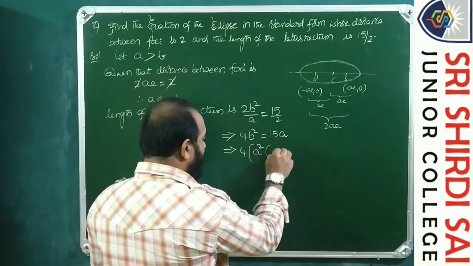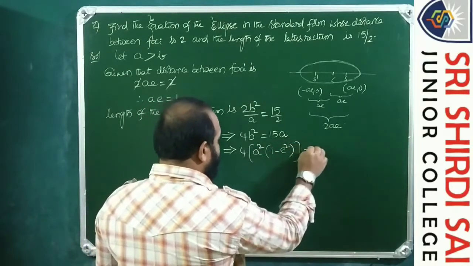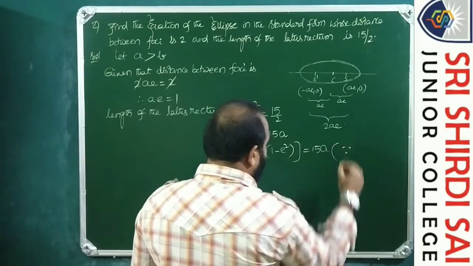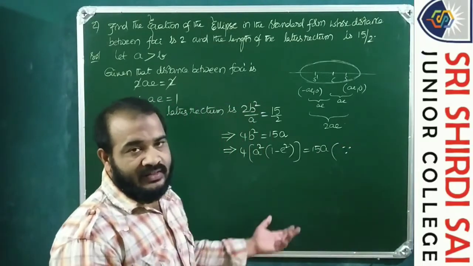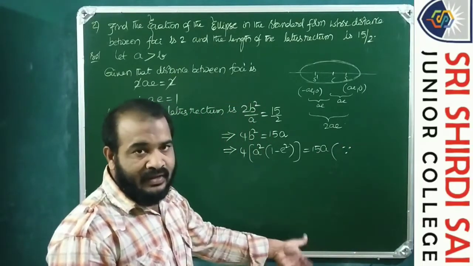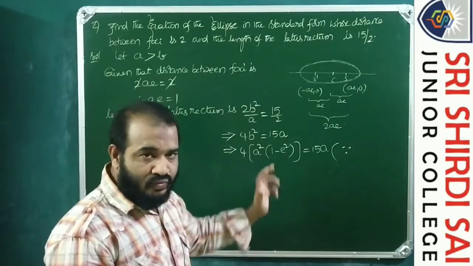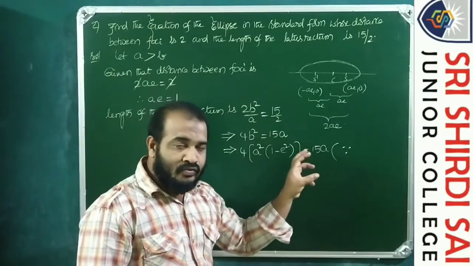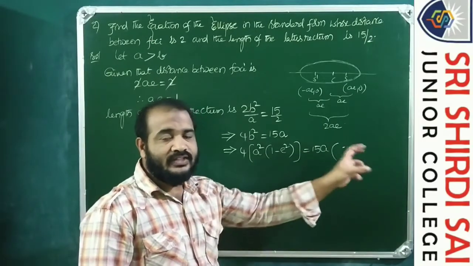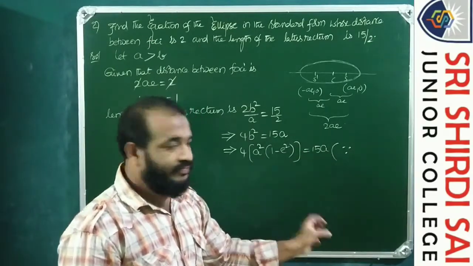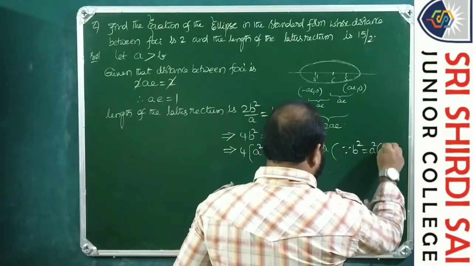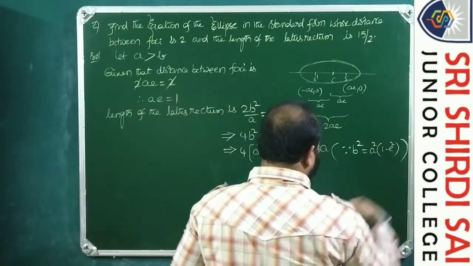So 4 into a square into 1 minus e square equals 15a. Since we have proved this in the theorem also, the last step, x square by a square plus y square by a square into 1 minus e square equals 1, where b square equals a square into 1 minus e square we have taken.